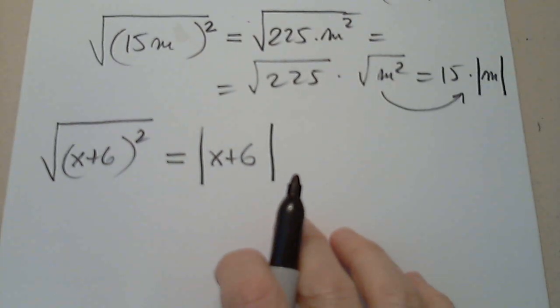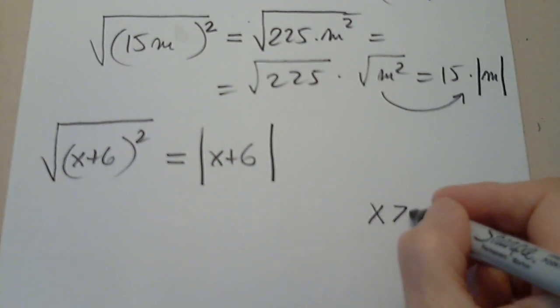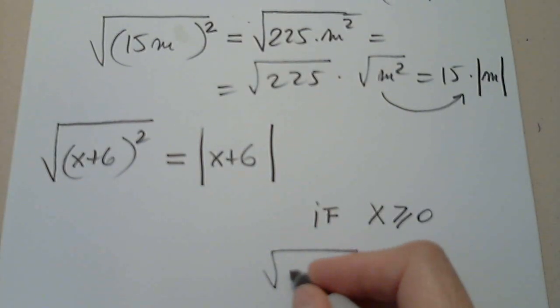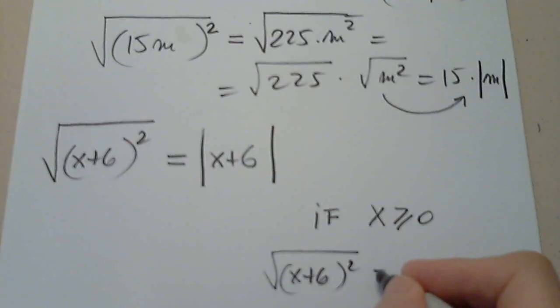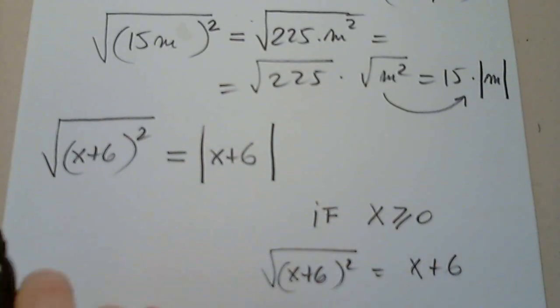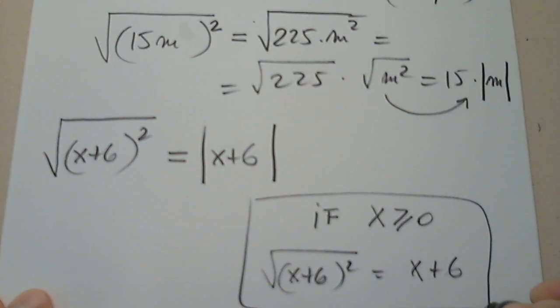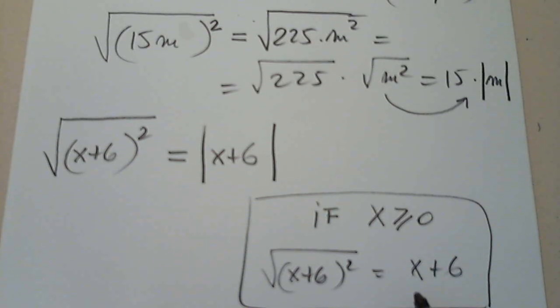Now, if you tell me that x is greater than or equal to 0, and I'm asked the square root of x plus 6 squared, then I will write x plus 6, because I am already told x is positive or 0. So 0 plus 6, 1 plus 6, 2 plus 6 will always be positive.